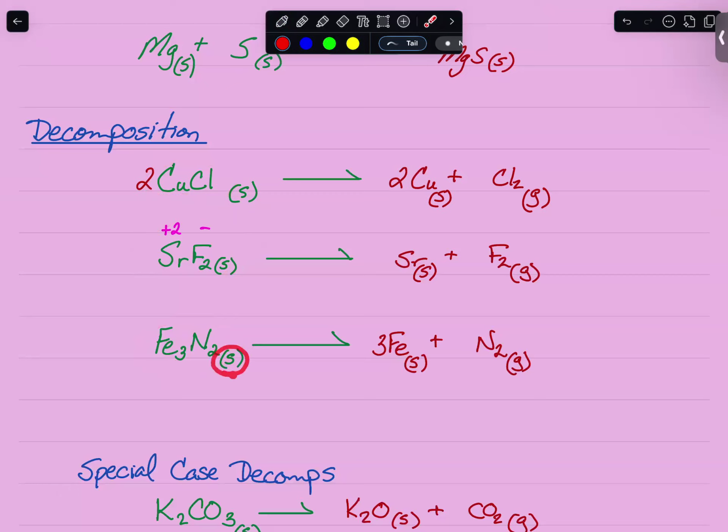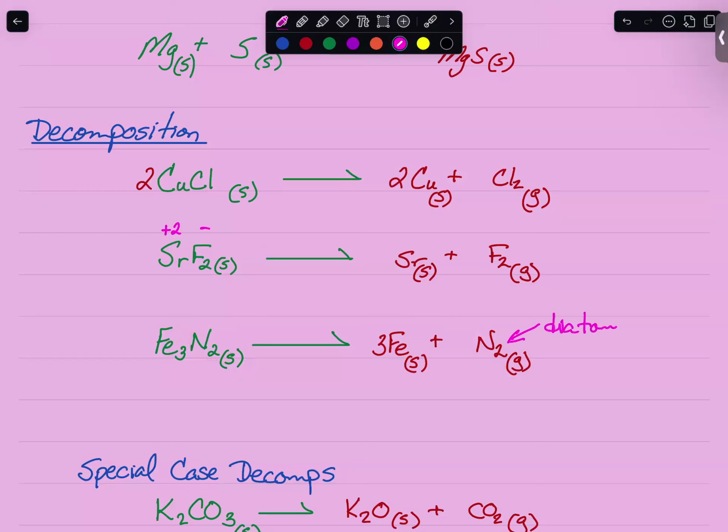Iron nitride, we have a solid, breaks apart. Again, a solid and a gas. These are very common for decomposition at our level. So be looking for that with decompositions. With this one, though, I wanted to make sure we saw that nitrogen is breaking apart. That too is there because of diatomics.